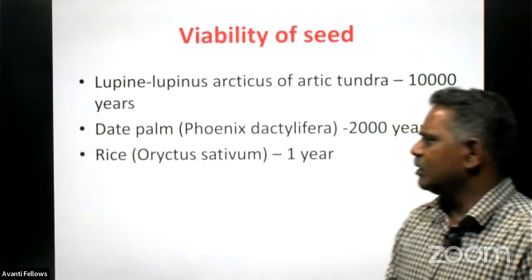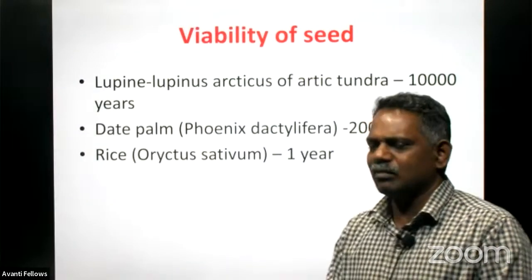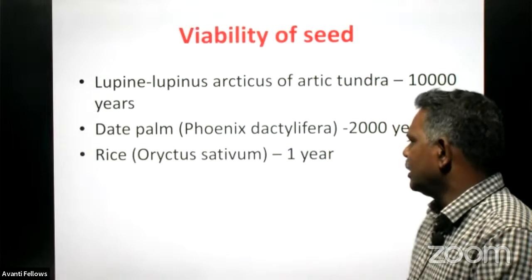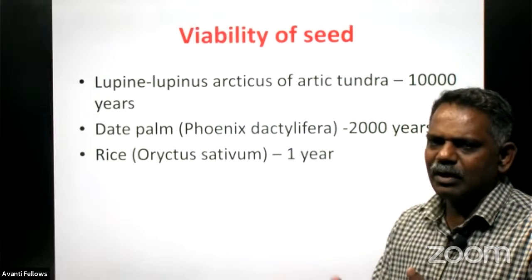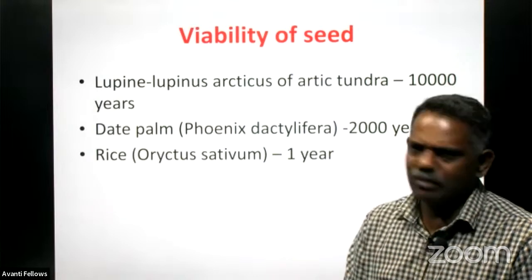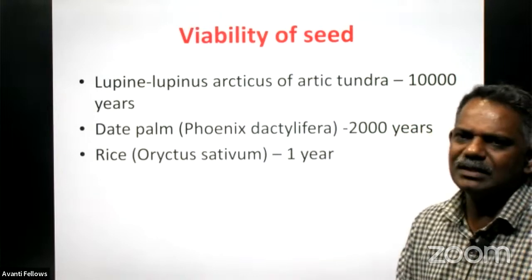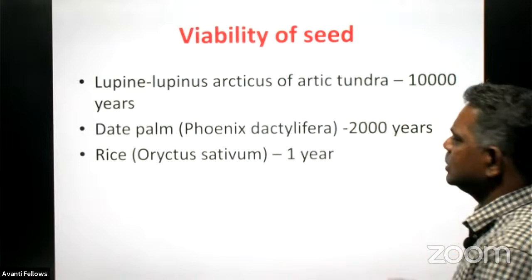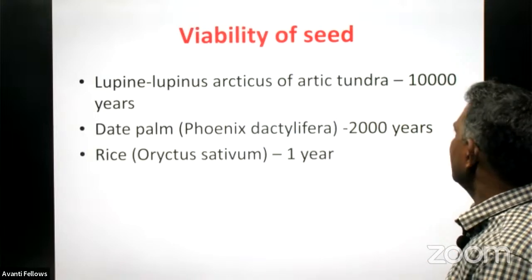Whereas in our ordinary paddy, Oryza sativa, it is only 1 year. After 1 year, it never sprouts. That is the period of viability of the seed. It varies from species to species, right?